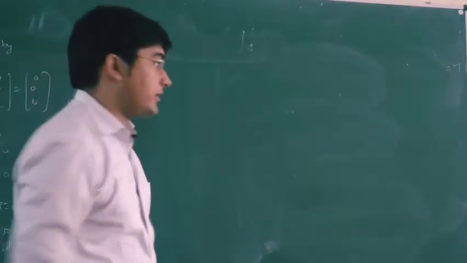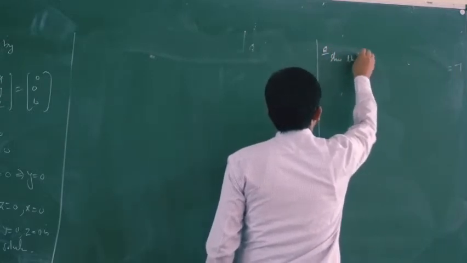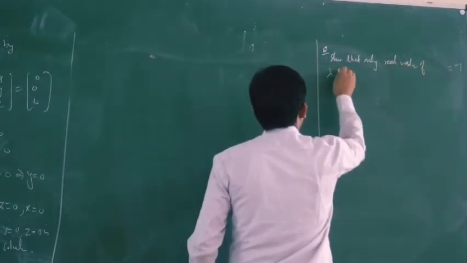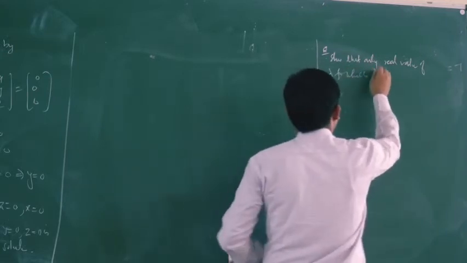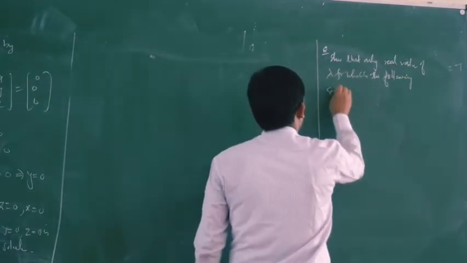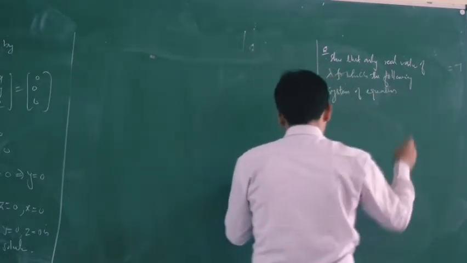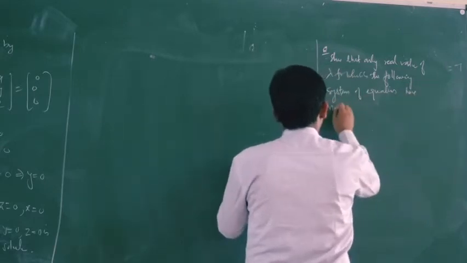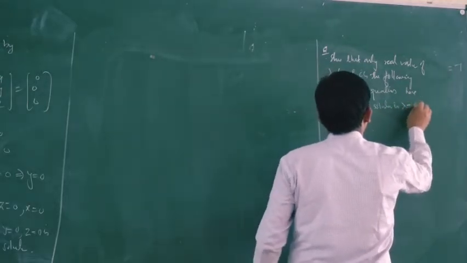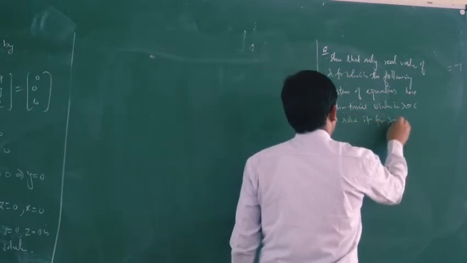Show that the only real value of lambda for which the following system of equations has a non-trivial solution is lambda equal to 6, and solve it for lambda equal to 6.